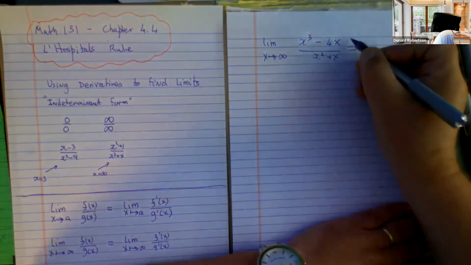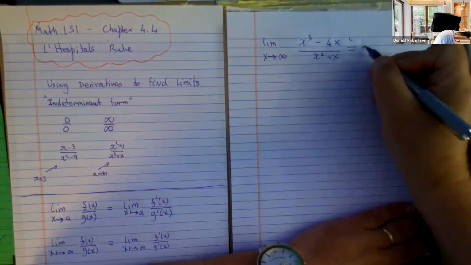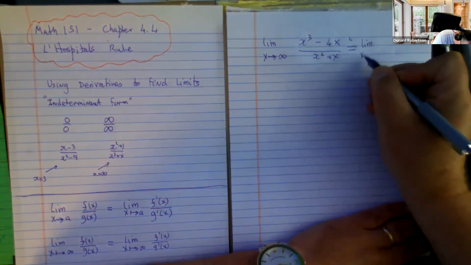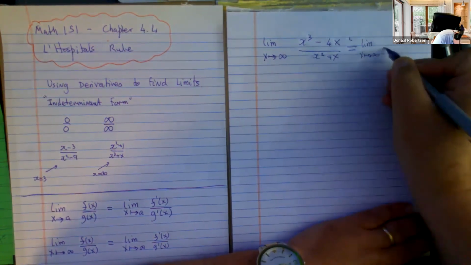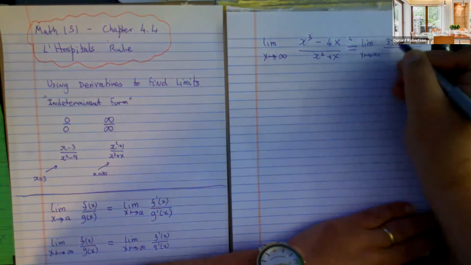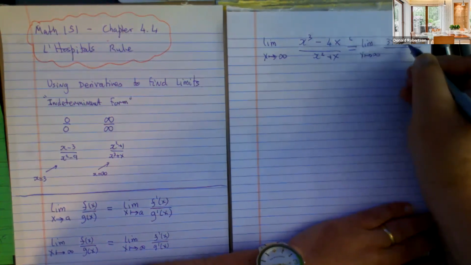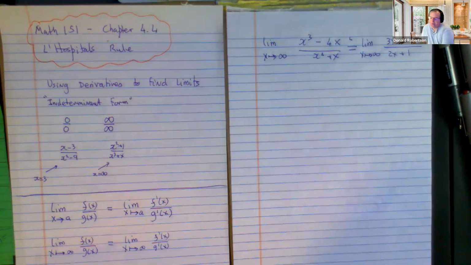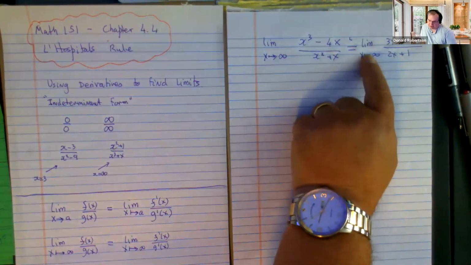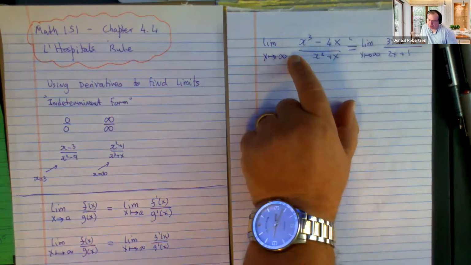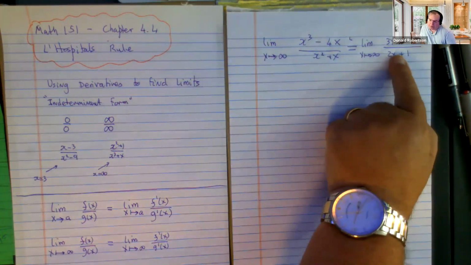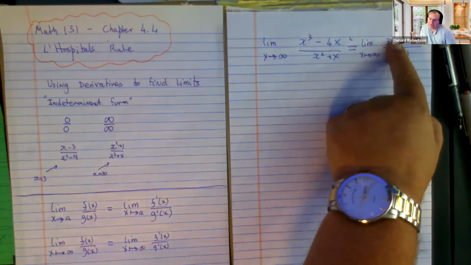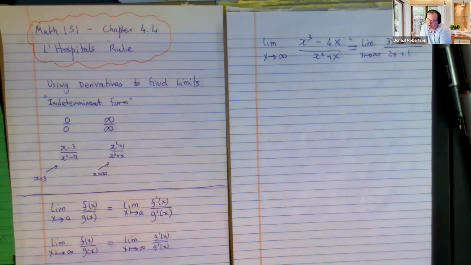Now, something bad is going to happen here, but there's a fix. According to L'Hospital, you can just differentiate the top and differentiate the bottom, and the answer to this is the same as the one you want. Why is this a problem? Oh, if you plug in infinity here, don't you still get infinity over infinity, which means it's still indeterminate?